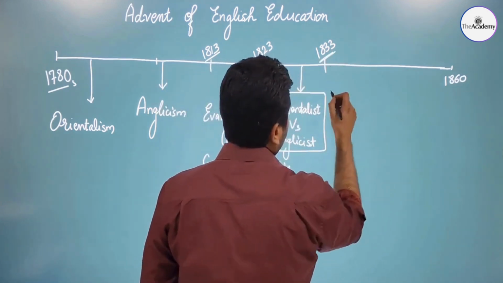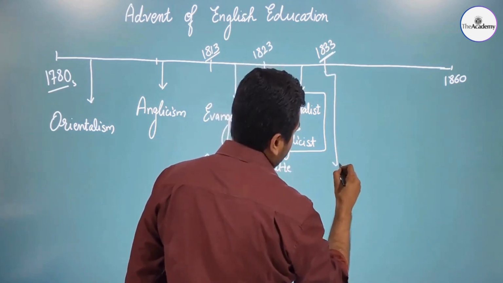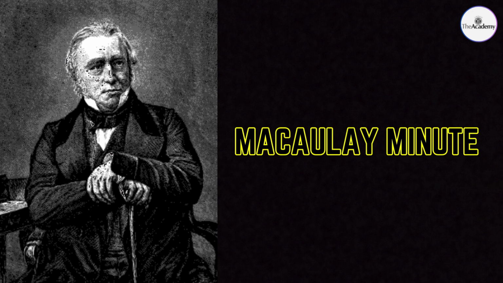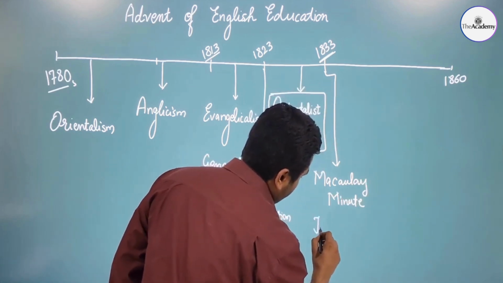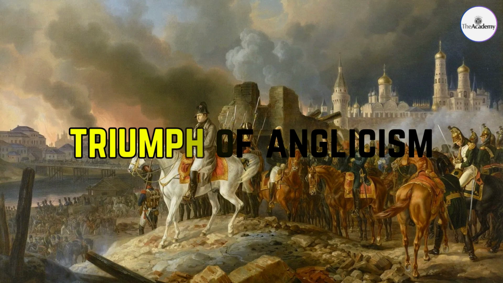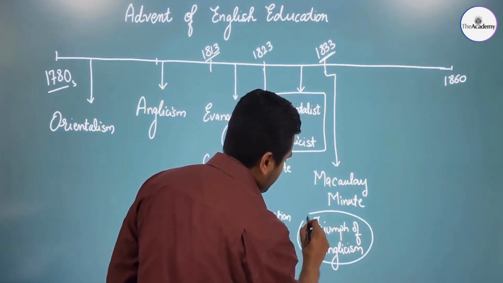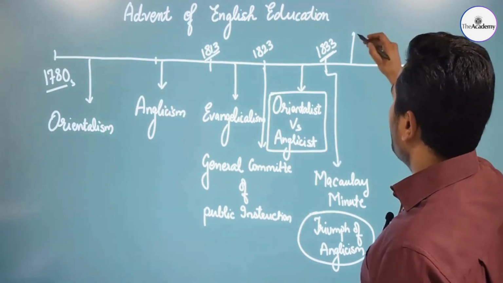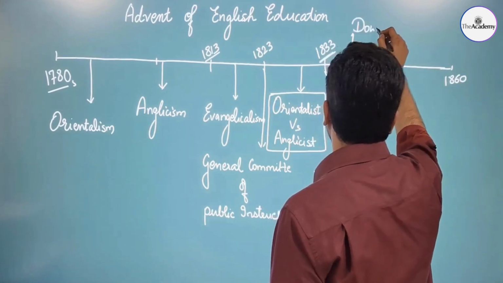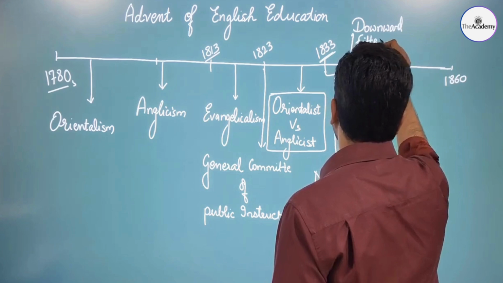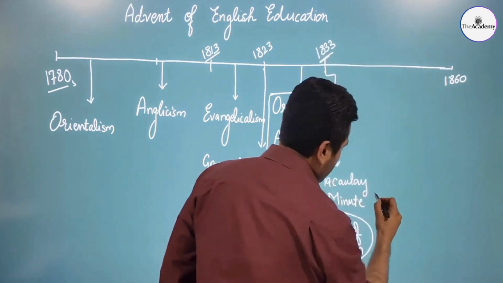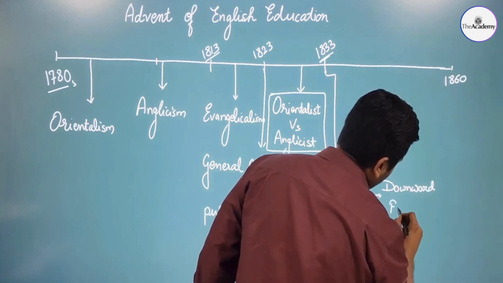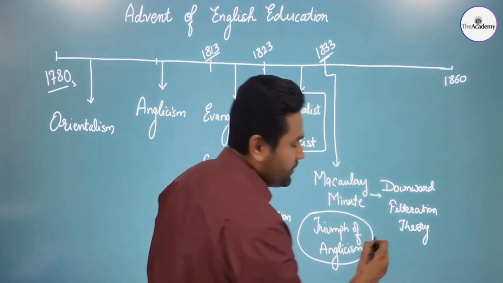And 1833 is characterized by the Charter Act and subsequently Macaulay's Minute, and the triumph of Anglicism. 1833 onwards, this particular time period is also the time period where we will see the downward filtration theory, or let us say it is Macaulay who coined the downward filtration theory. We will understand this in detail, what is downward filtration theory.